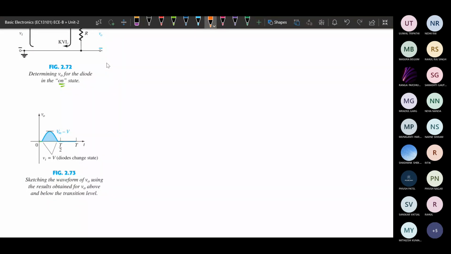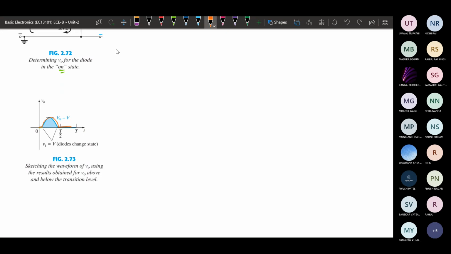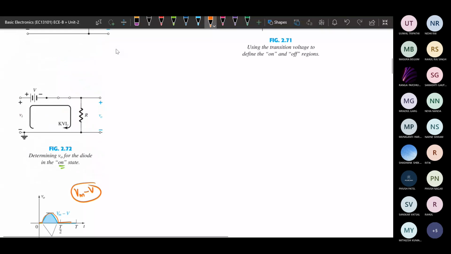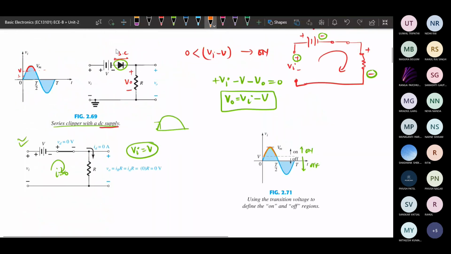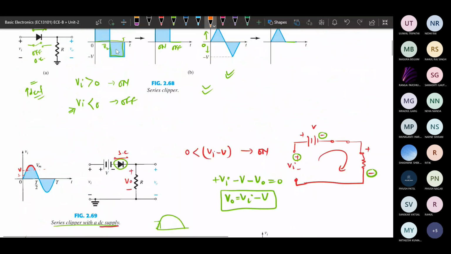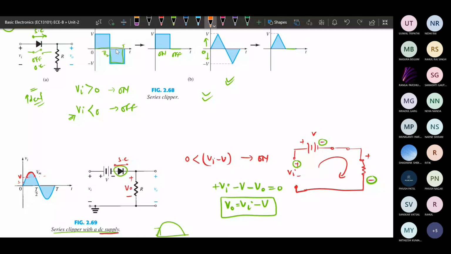This is the waveform we obtain. In the negative half, it will always be in reverse bias, so it will have a zero output. The maximum output voltage is the maximum input voltage minus the DC supply voltage we have applied. So this is a series clipper with a supply voltage.